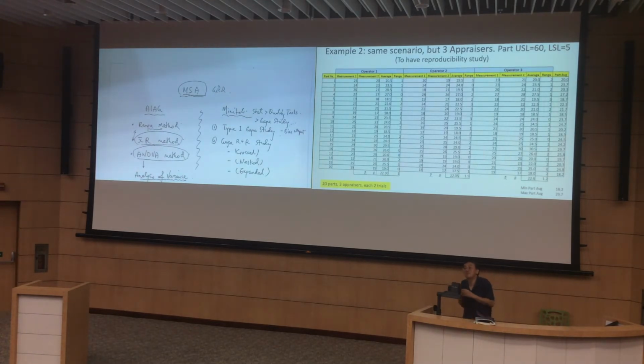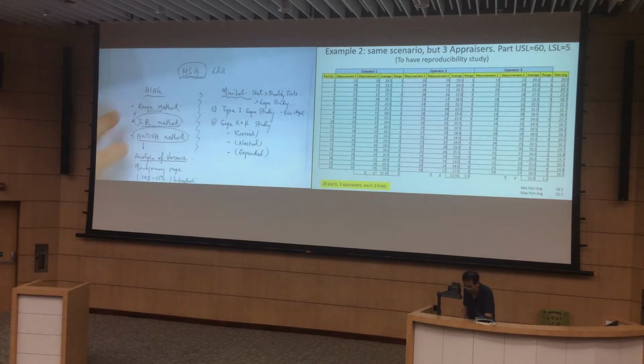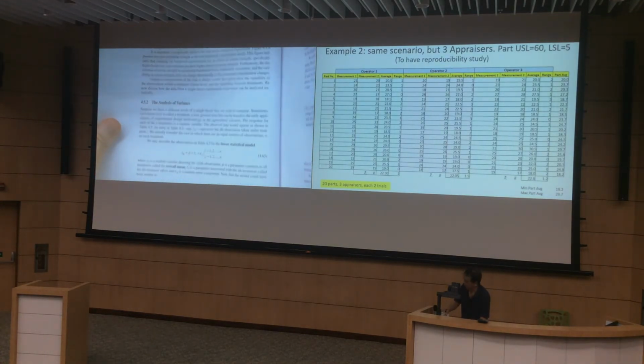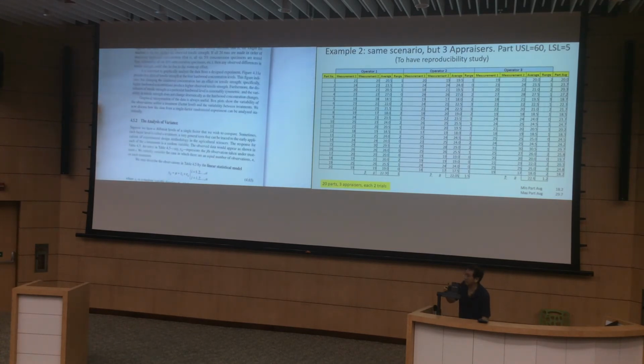If you want to have a little feel of this, you can refer to your Montgomery, pages 148 to 152. And you need a computer to do it, right? This is in Sample 7.